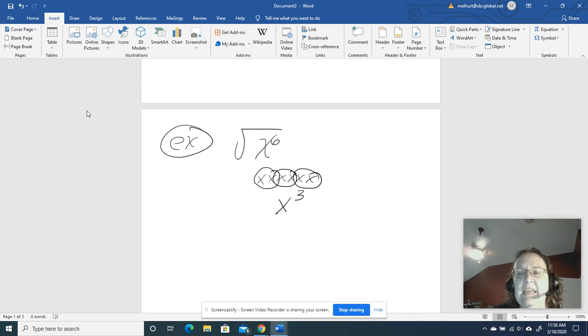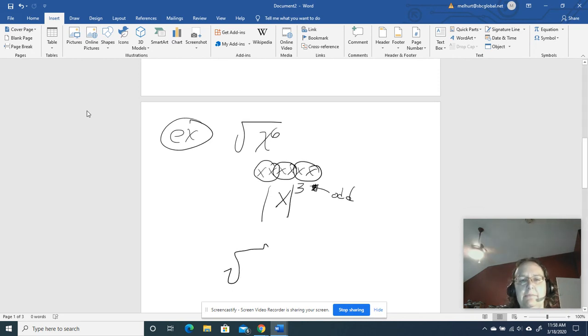I am taking an even root, and this is odd, that's supposed to be an arrow, sorry. I have an even root, so I absolutely have to put absolute value bars around it. If I have x to the 4th, there are 4 here, so that's going to be x squared.